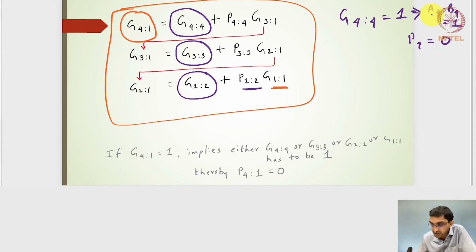The XOR operation of both the bits which are 1. So my P4 has to be 0. So that means my P4:1 is actually 0 now. Right? P4:1 is nothing but the AND operation of all P4, P3, P2 and P1. All right, so in that sense, it has to be 0.